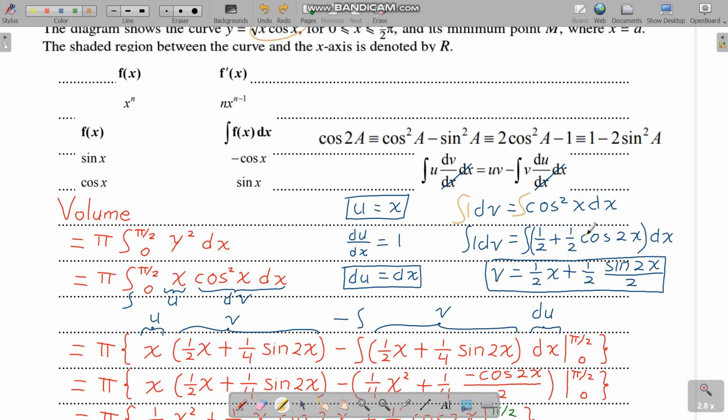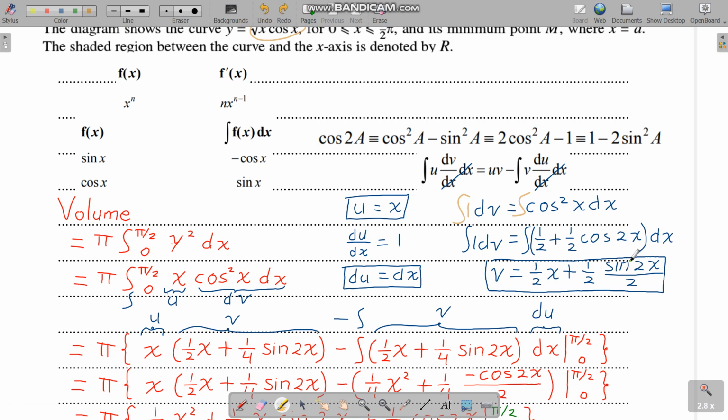Now we integrate: 1/2 becomes 1/2 x, and the integral of cos is sine. We divide by 2 here because the angle is not just x but 2x, so we divide by the derivative of the angle. If this is 10x, we divide by 10. If this is 2x, we divide by 2.